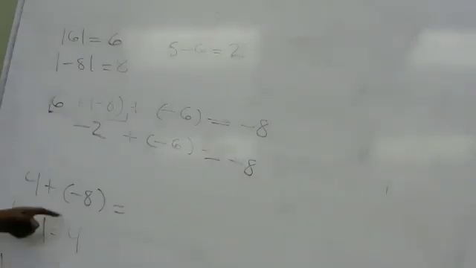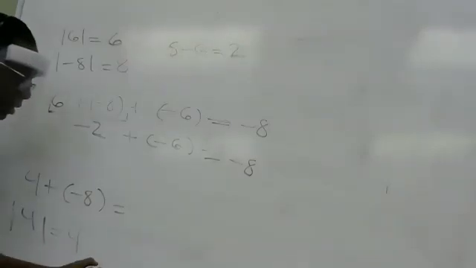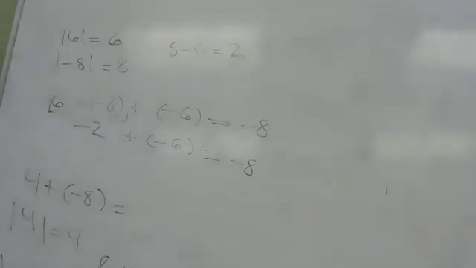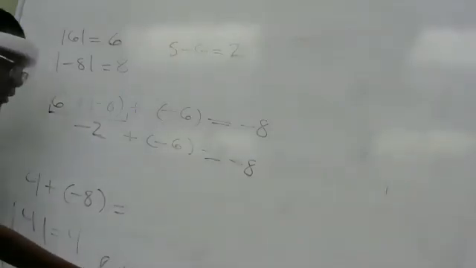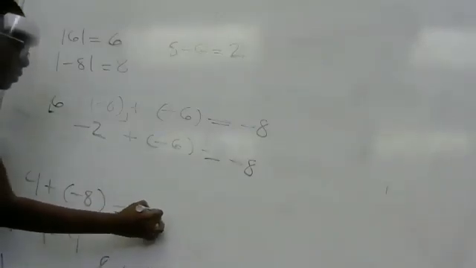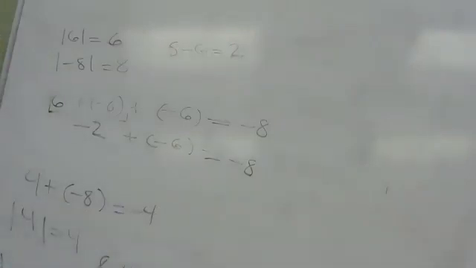Subtract them. How am I subtracting it? 8 minus 4. My final answer is going to be -4. Why? Because 8 is the bigger number, and it's negative. So we keep the sign of the bigger absolute value, which was -8.